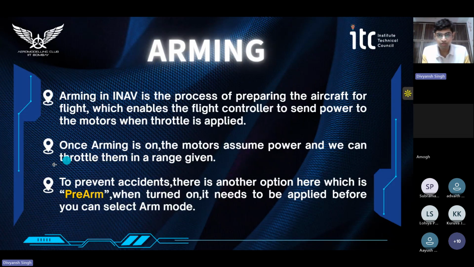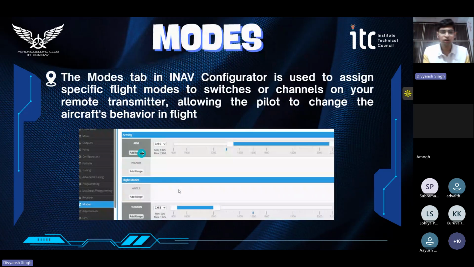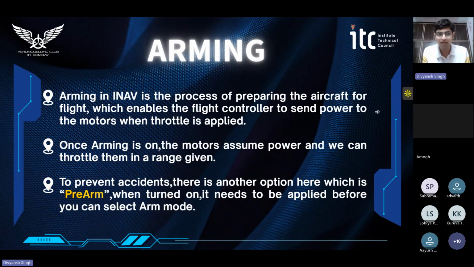As you saw in the previous slide, you have this arming column. Let's see what arming means, and how it can be helpful to us. Arming is a process of preparing the aircraft, which enables the flight controller to send power to your motors. If you want to fly an aircraft, you will need a motor which is connected to a propeller.